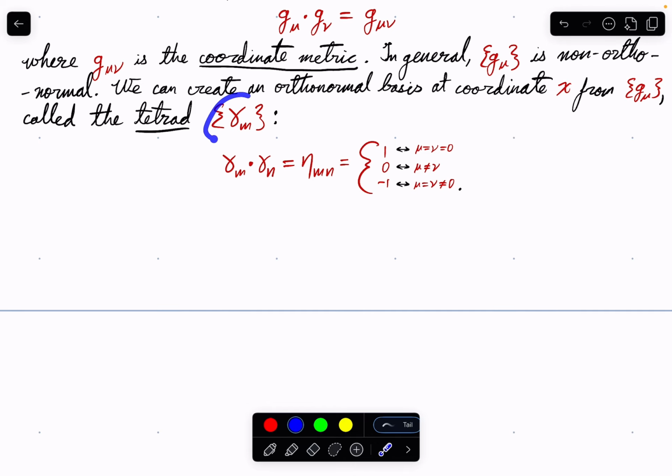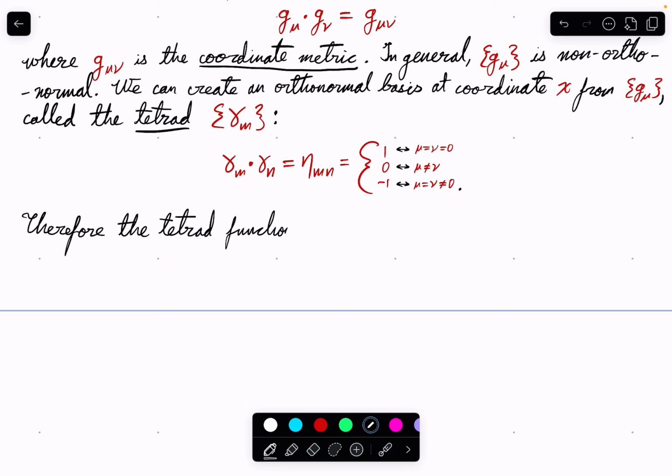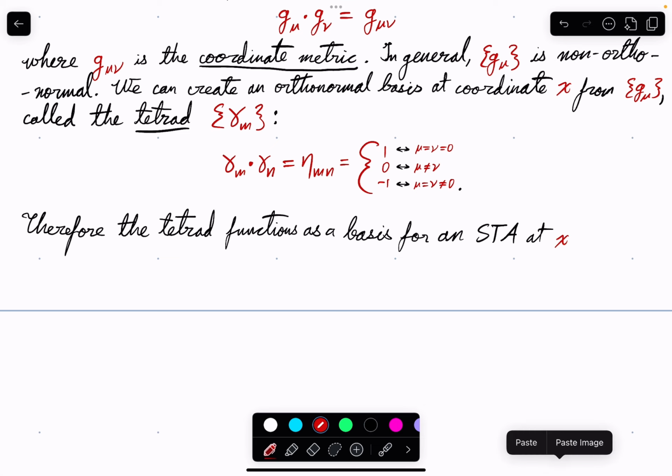Therefore, the tetrad functions as a basis for an STA, a spacetime algebra, at the coordinate x.